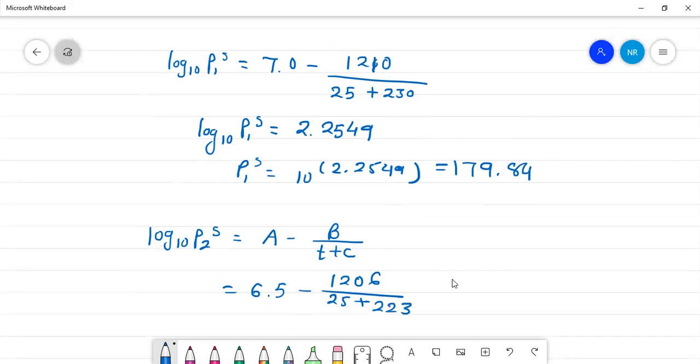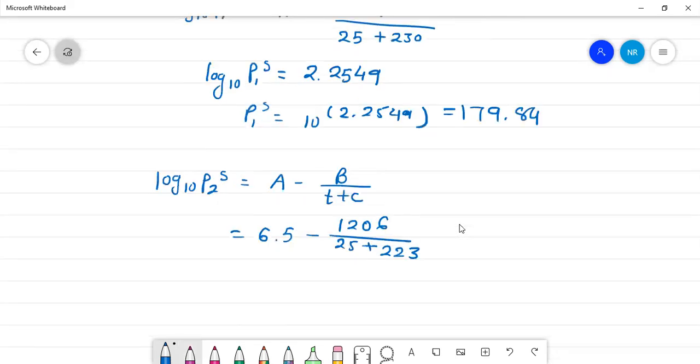Can you give me the answer of log10 P2 saturation?